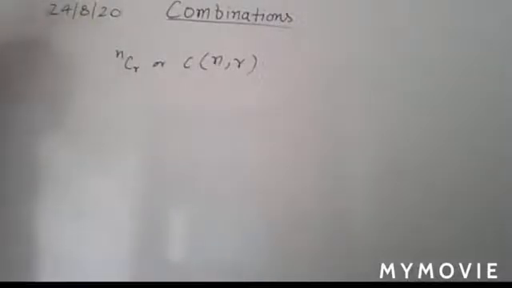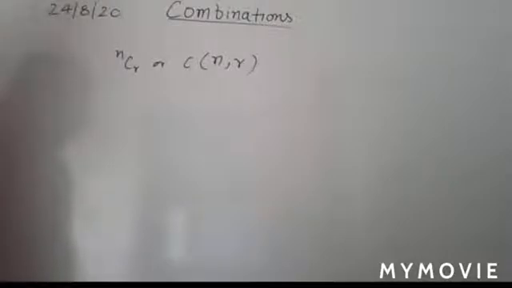Okay. The combination is the number of selections of some or all the objects from the given objects.